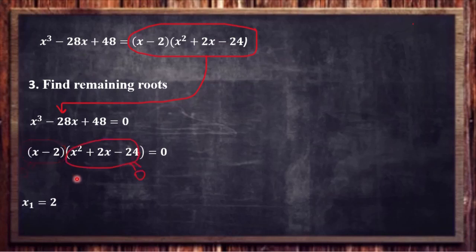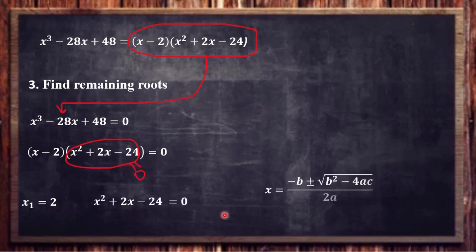The two other roots we can find by equating this term to 0. So we have a quadratic equation. We know the formula to solve a quadratic equation. I skip simple calculations, and we have two more roots. The second root is 4, and the third root is negative 6.